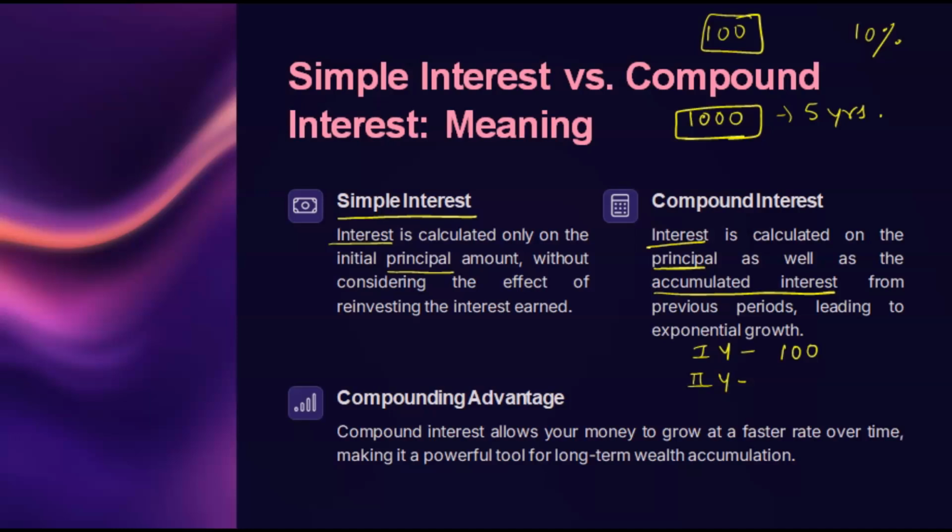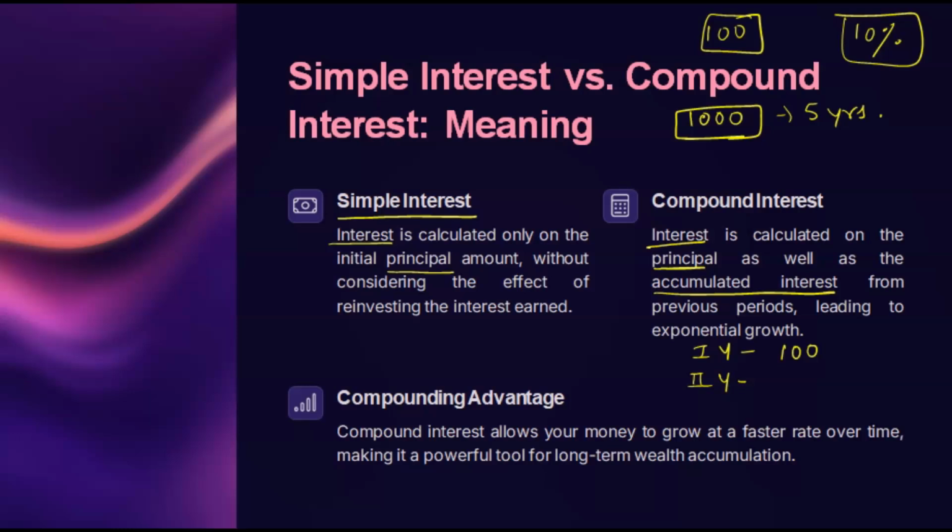On 1100 we are going to calculate 10%. Then again in the third year, principal amount plus all the interest together, then we calculate 10%. So simple interest, same amount is there every year. But in compound interest, each year we have to calculate the interest on principal as well as the accumulated interest.